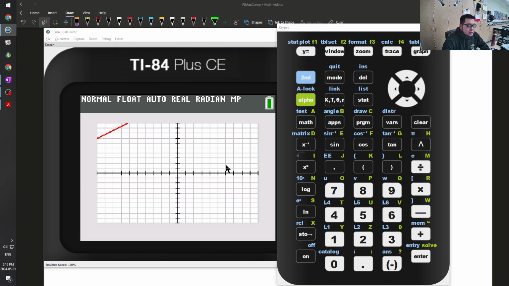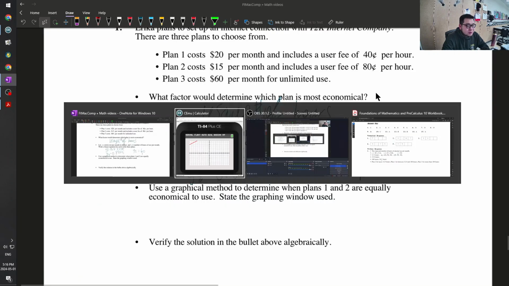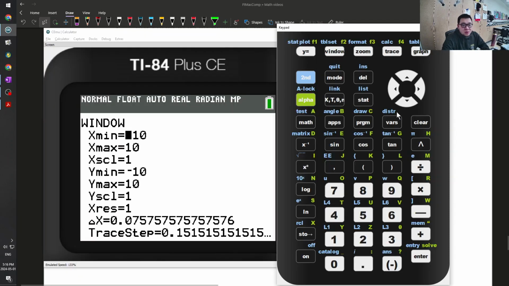So we can't really see anything because my x-intercepts are at 20 and 15. And because both my x and y values can only be positive, I'll just change this to 0. It's not reasonable to only use 10 hours. Let's use 20 hours. And for my y max, let's say $40.